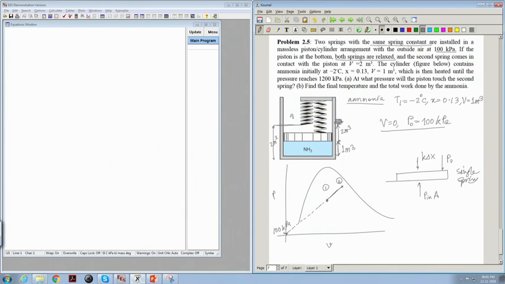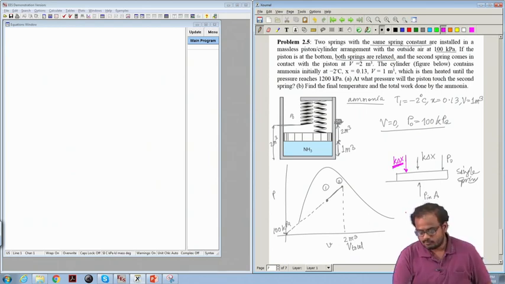The moment the volume expands to 2 meter cube, this point should correspond to a total volume of 2 meter cube. The moment we reach point 2, the second spring comes into picture, and thus we now have an additional K delta x, since the spring was relaxed before. So, now you have an additional compression in this direction.